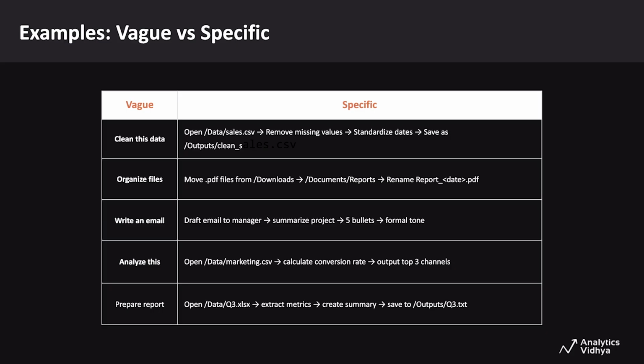On the screen, you can see many more examples like that. Like the vague instruction would be prepare the report, but the specific one would be open the specific file, extract key metrics, create a summary with sections like overview, insights, and recommendations, and save it as q3report.txt. See the pattern here? Specific prompts give Co-work all the information it needs to get the job done exactly the way you want.